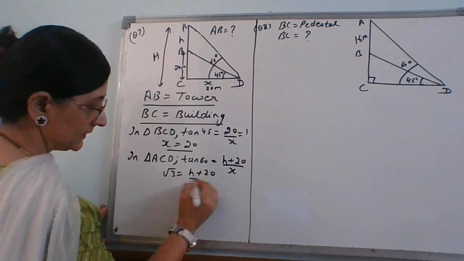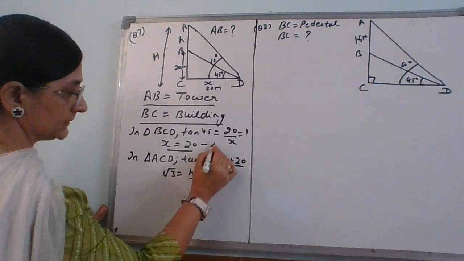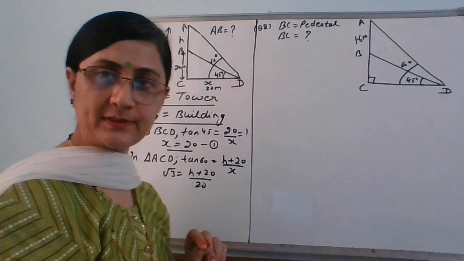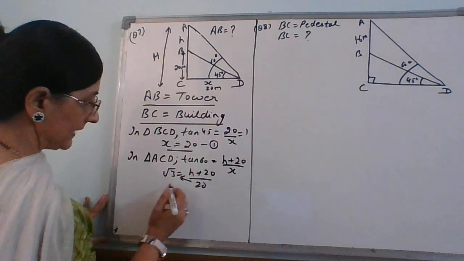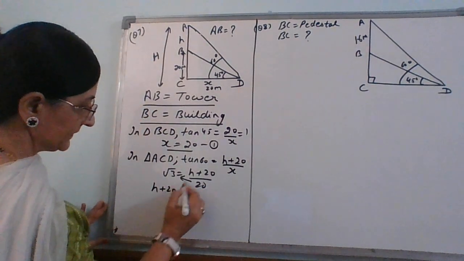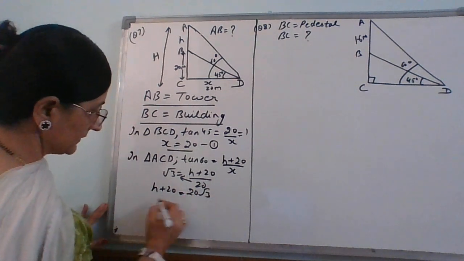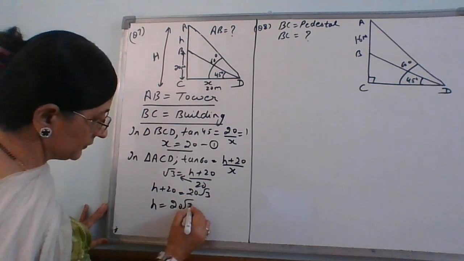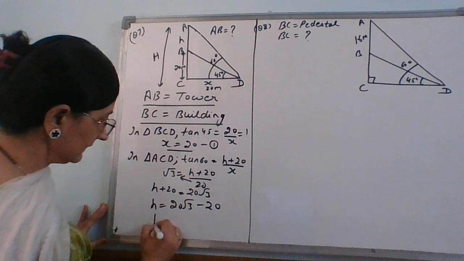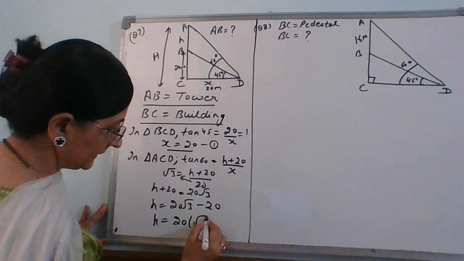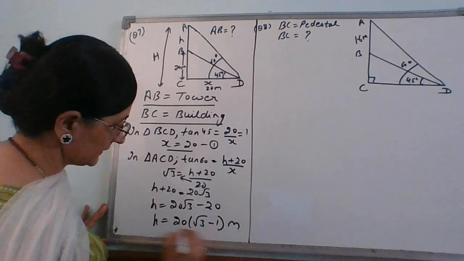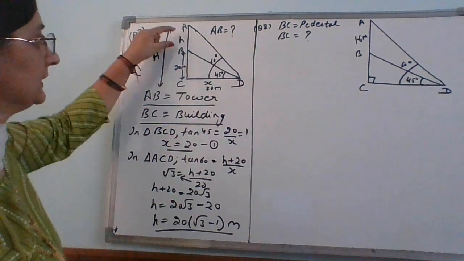So √3 equals H plus 20 upon 20, equation 1. Cross multiply, so H plus 20 equals 20 √3. So H equals 20 √3 minus 20; 20 goes to that side. You can take 20 common, so 20 (√3 minus 1) meters. So this is the height of the tower.